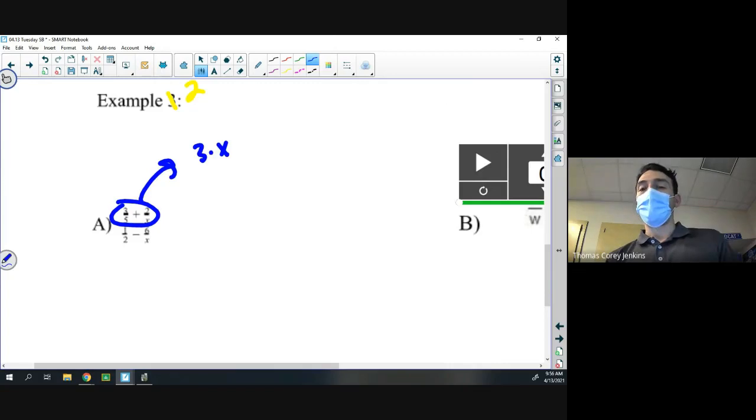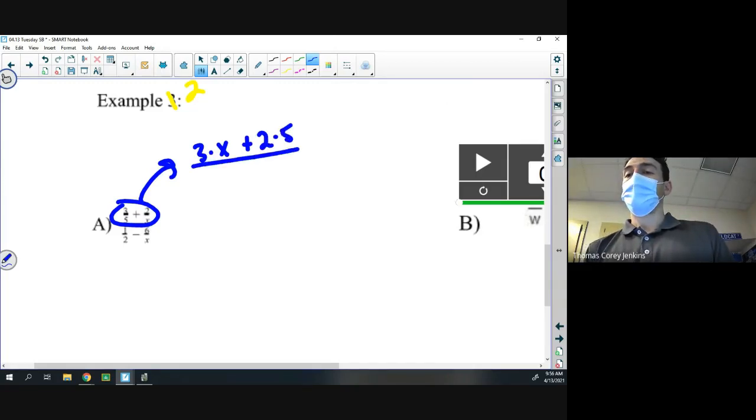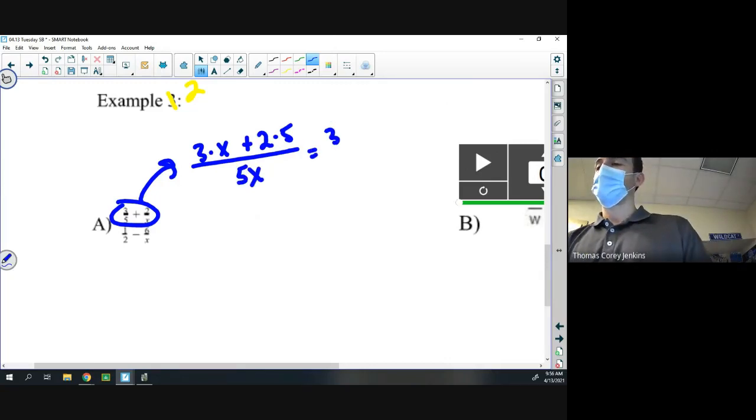And then I'd multiply the 2 over x by 5 over 5. So I'd have 3 times x plus 2 times 5 over 5x, which would just simplify to 3x plus 10 over 5x.